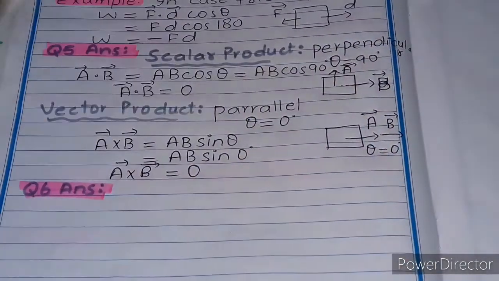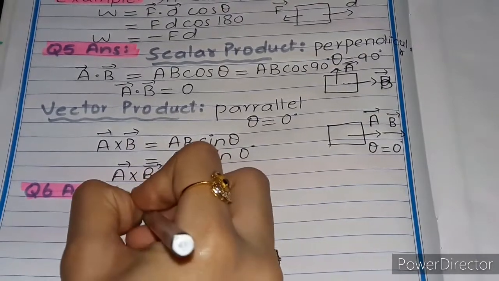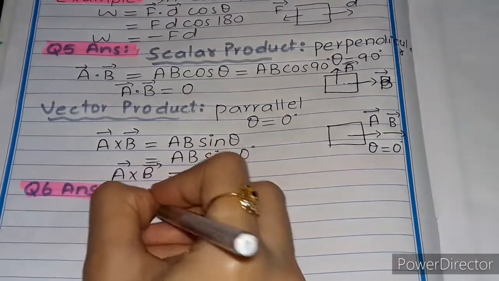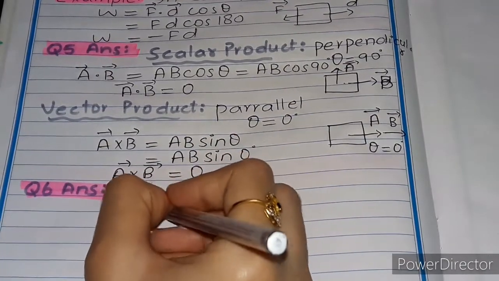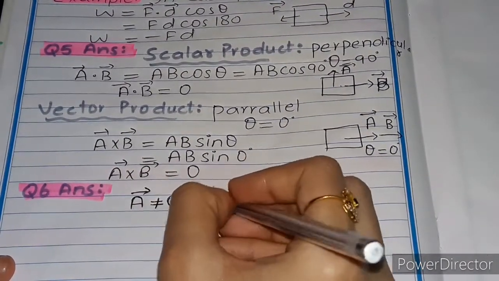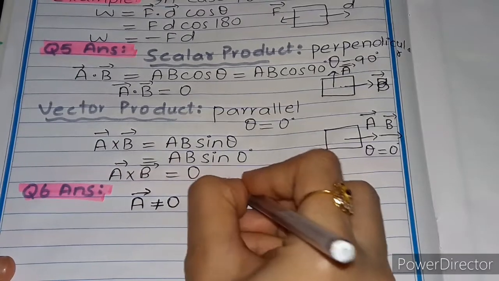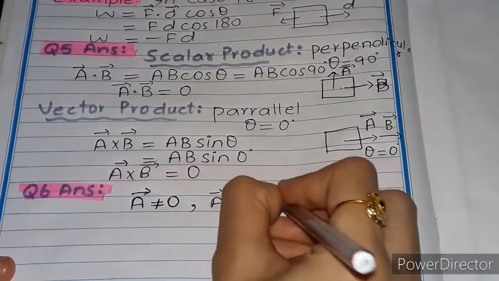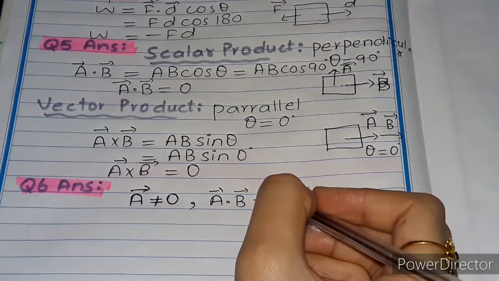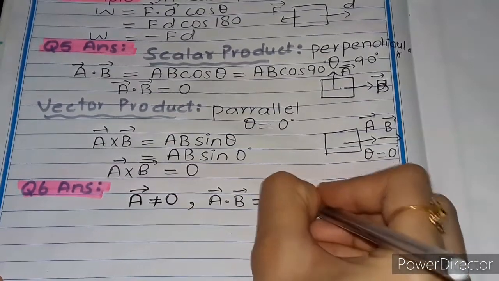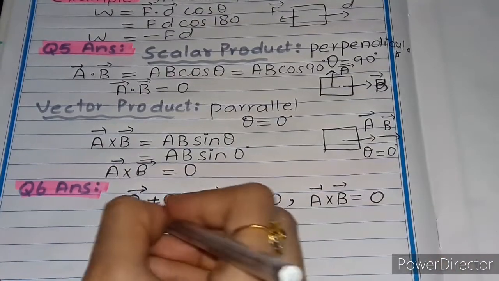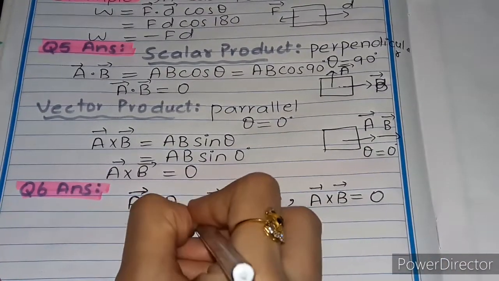So we are given that A is non-zero, means it is not 0. The scalar product of A and B is 0 and the vector product is also 0. We have to find B. What is B?